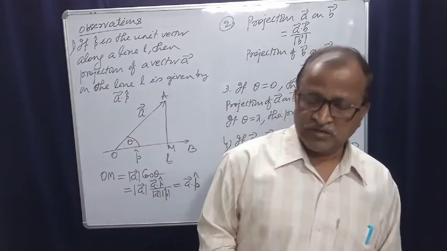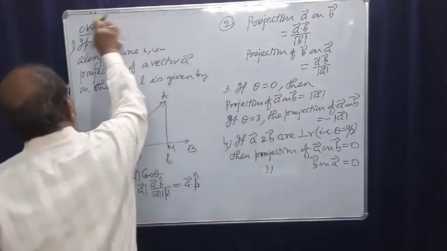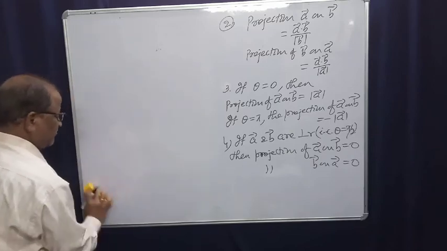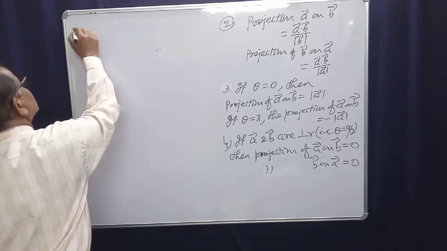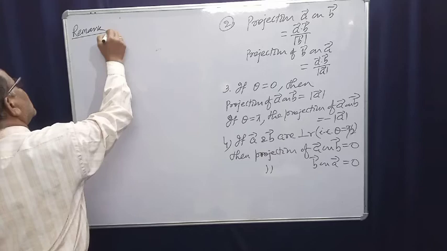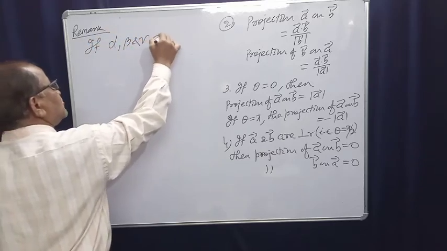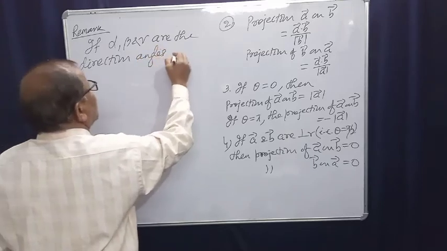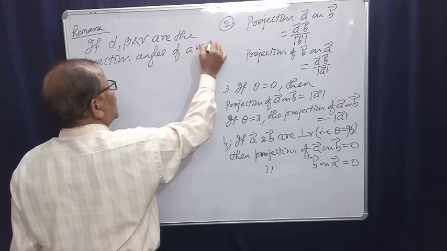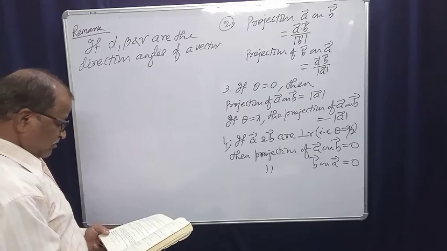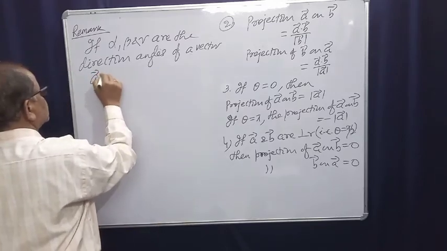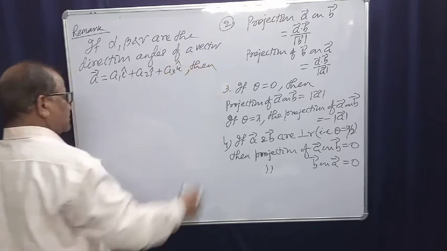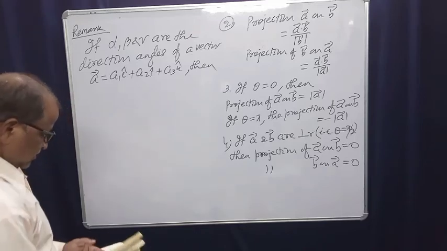Okay. So let us observe another thing. Remark: if alpha, beta, gamma are the direction angles of a vector A, that is A1 I cap plus A2 J cap plus A3 K cap, then how can you get cos alpha?